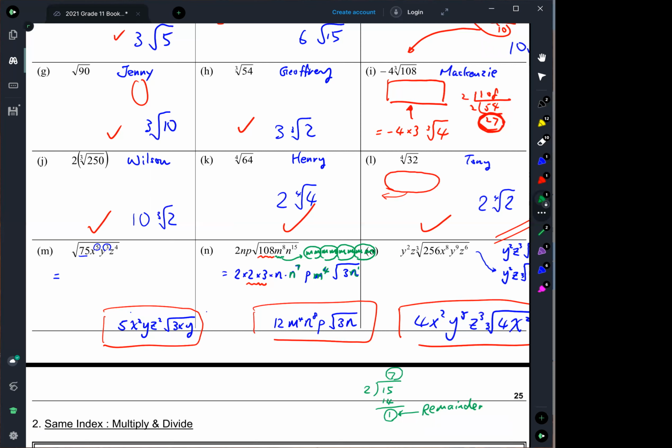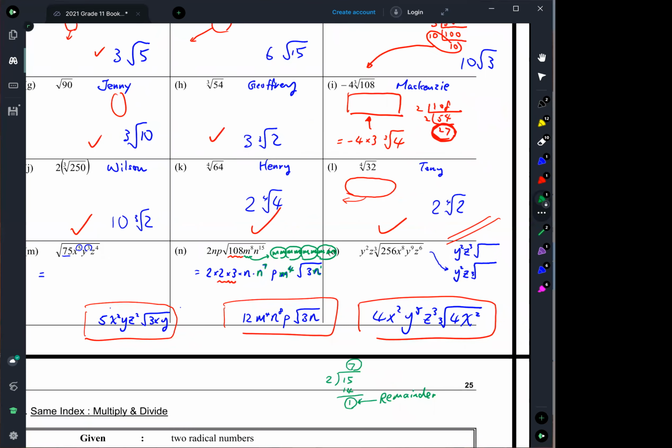Okay. How do you do the O? Do you get the number part for the 256? I got 64 times 4.